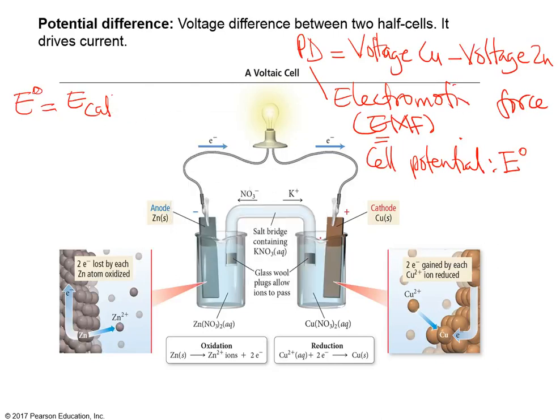So the potential difference E is given by the potential of the cathode minus the potential of the anode. So that is the electromotive force of this cell. That's why we are saying it's given by voltage of copper, which is the cathode in this case, minus the voltage of zinc, which is the anode in this case.